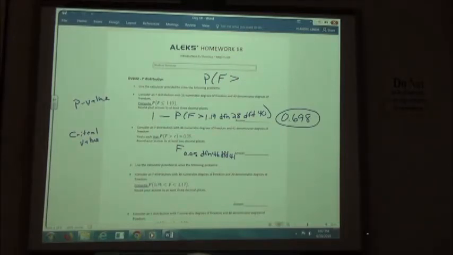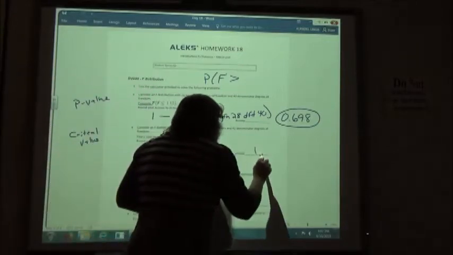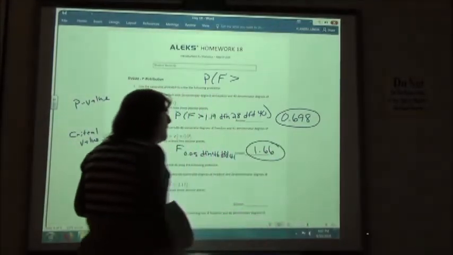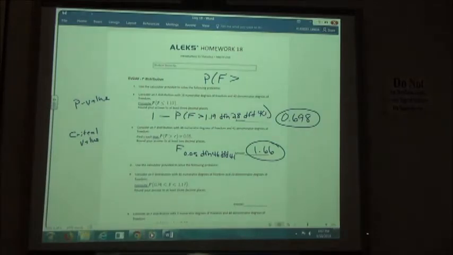The p-value, which is a percentage, and the critical value, which is the cutoff point as far as your numerical comparison. Rounding to, oh, this one just says we have to round to at least 2 decimal places. 1.66.